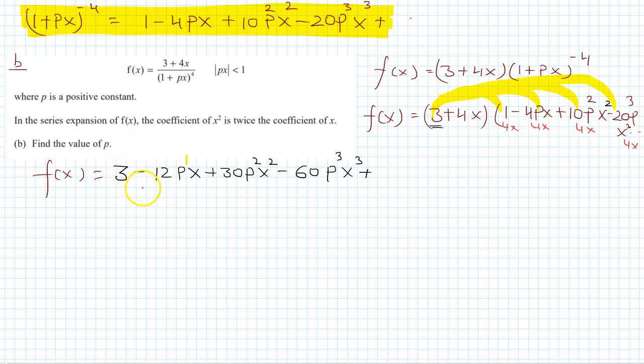So this is plus 4x minus 16px² minus 16px² plus 40p²x³ plus 40p²x³.